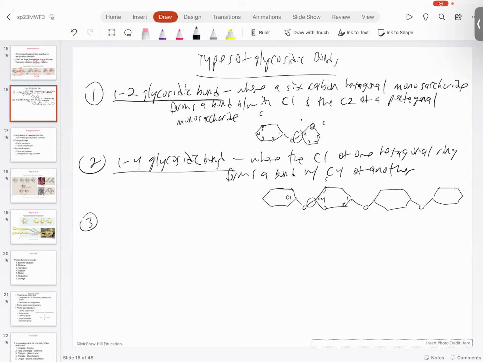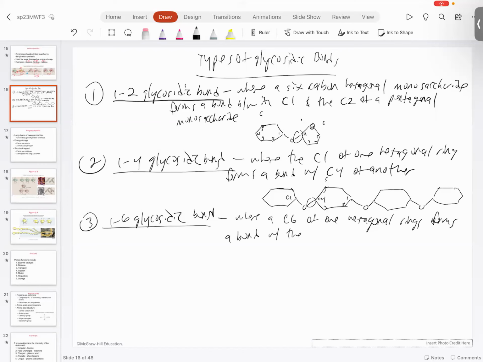The last one is a 1,6 glycosidic bond. This is where a carbon 6 of one hexagonal ring forms a bond to carbon 1 of another, creating a branch.